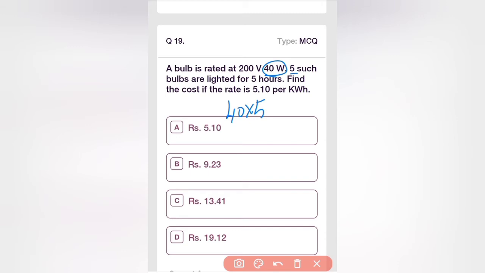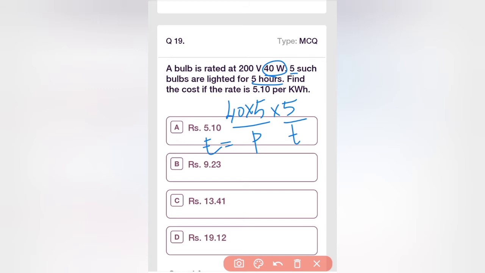So 200 watt is used for 5 hours. So we need to multiply by time, so we get the energy. So energy is equal to power into time.